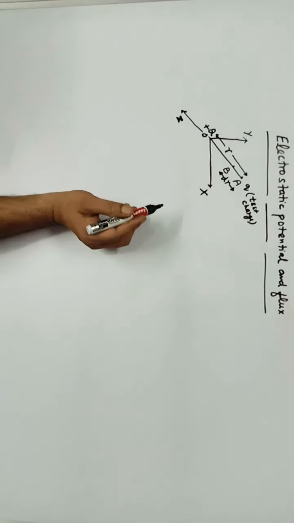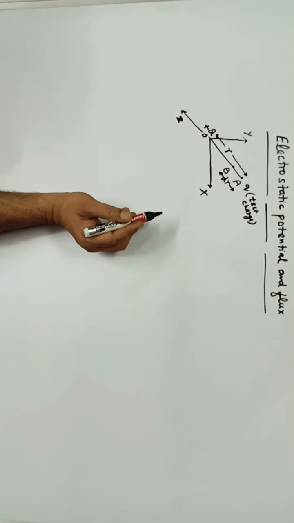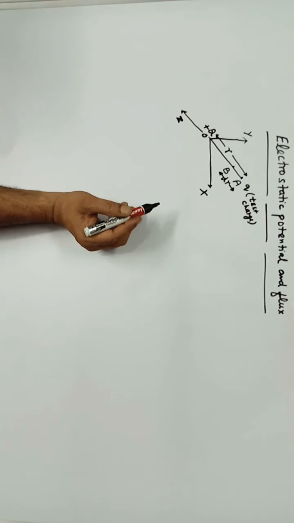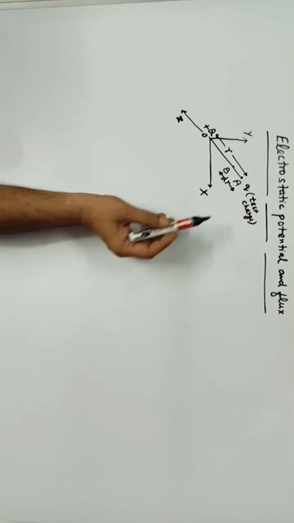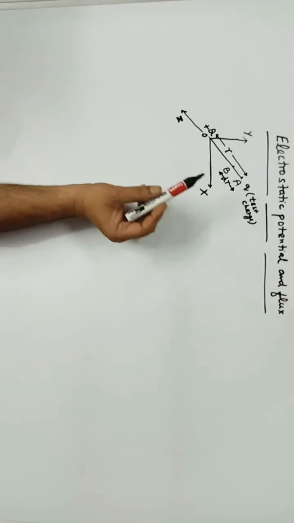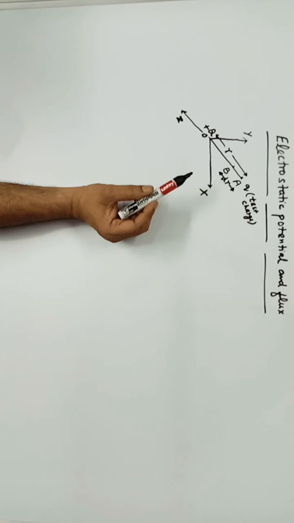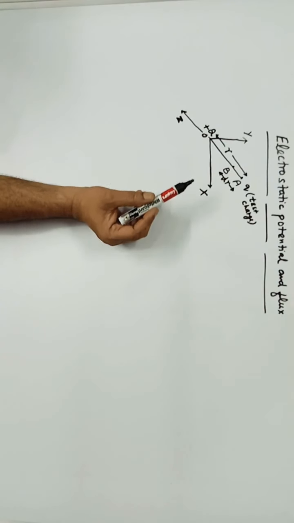So we explain the electrostatic potential difference. It is defined as the amount of work done in carrying a unit positive test charge without acceleration from the point A to B against the electrostatic force of the field along any path between the 2 points.